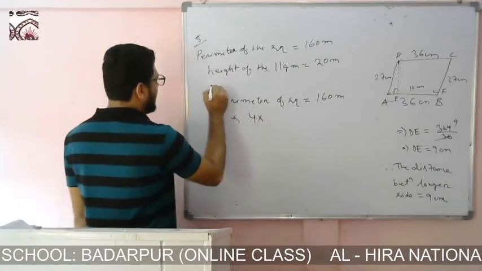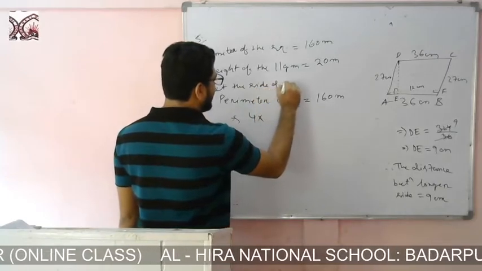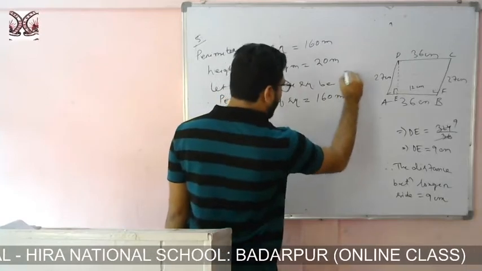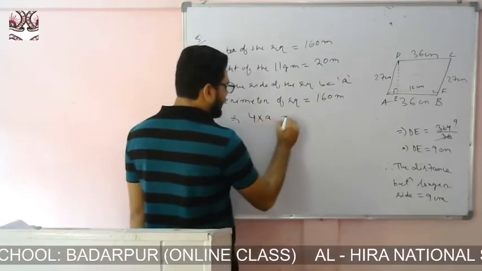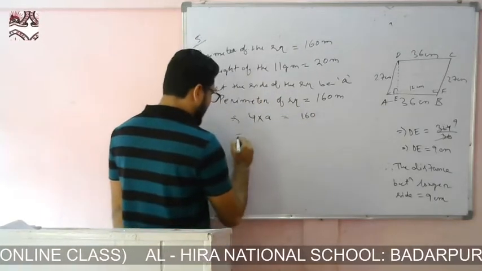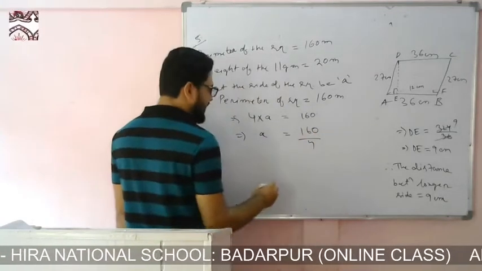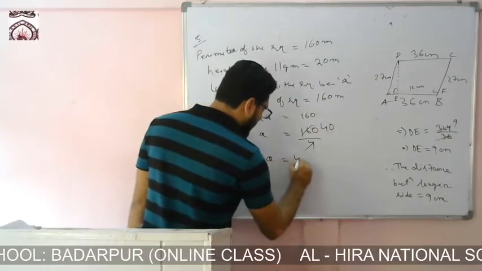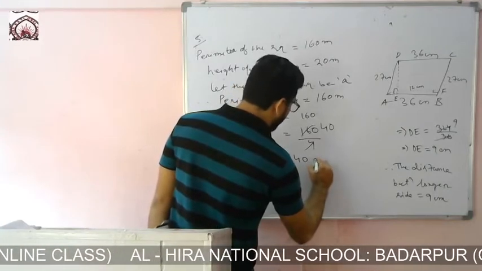So you can write here, let the side of the square be A. So 4 into A equals 160. Now we can find A equals 160 by 4. If you cancel, then 40. A equals 40 meter.